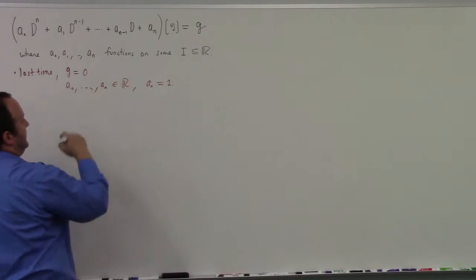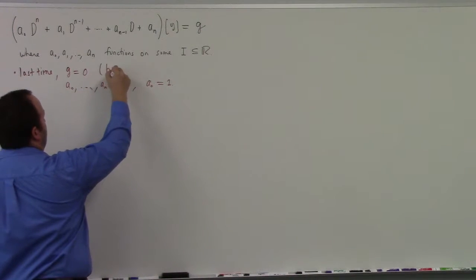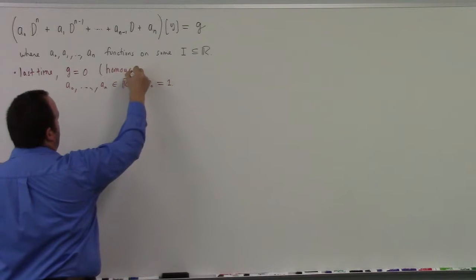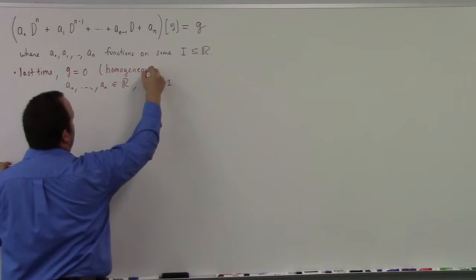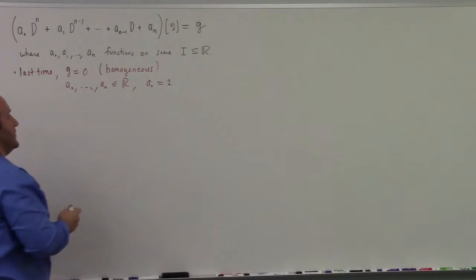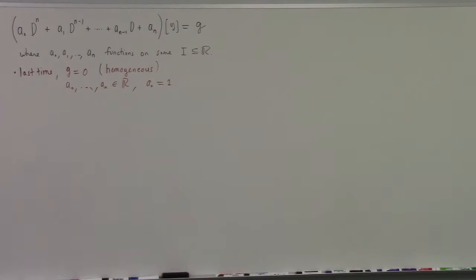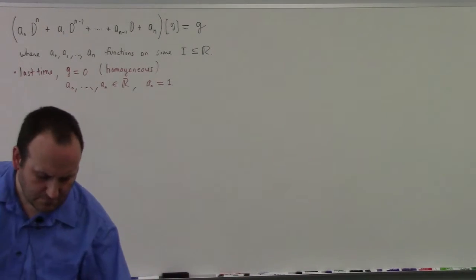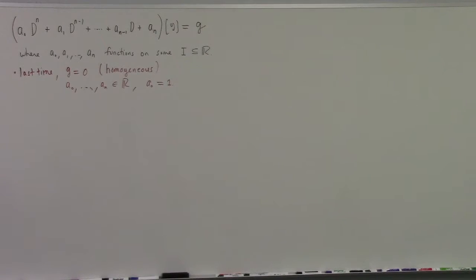Now, if g is 0, this makes the equation what's called homogeneous. So we studied homogeneous nth order, constant coefficient ODEs last time. I showed you how to solve those essentially by looking at the so-called characteristic equation and factoring it. Actually, I looked at it in terms of factoring operators, but more on that later.